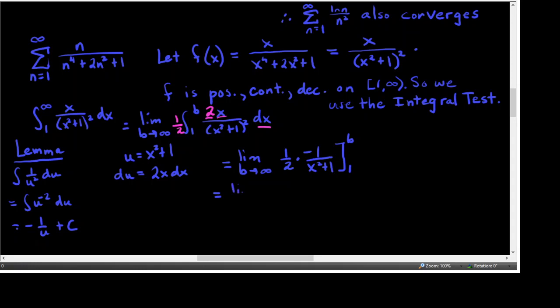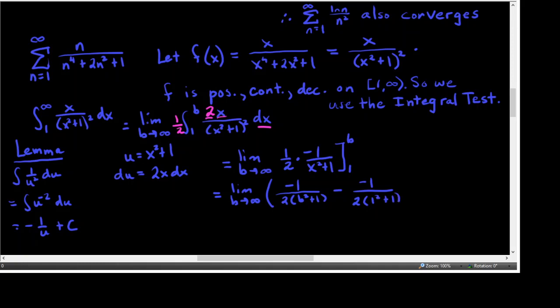So this is the limit as b approaches infinity of negative 1 over 2 times the quantity b squared plus 1 minus negative 1 over 2 times the quantity 1 squared plus 1.